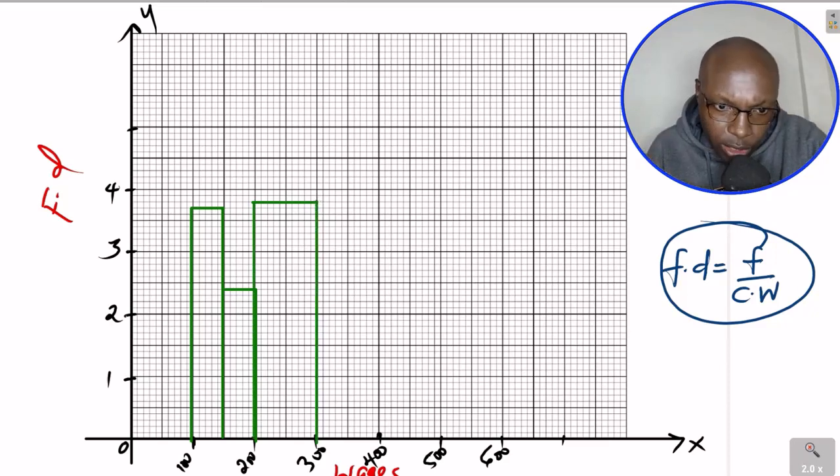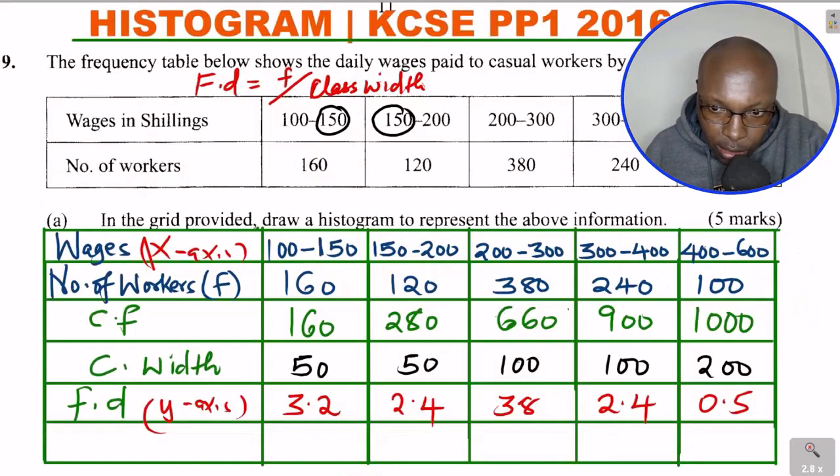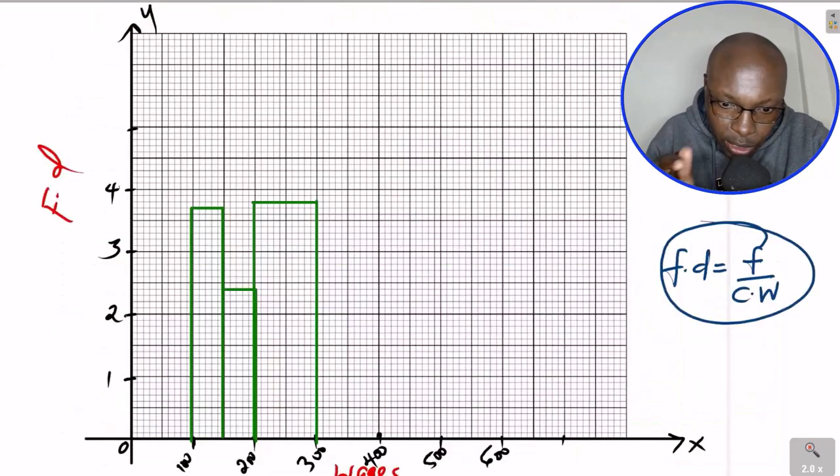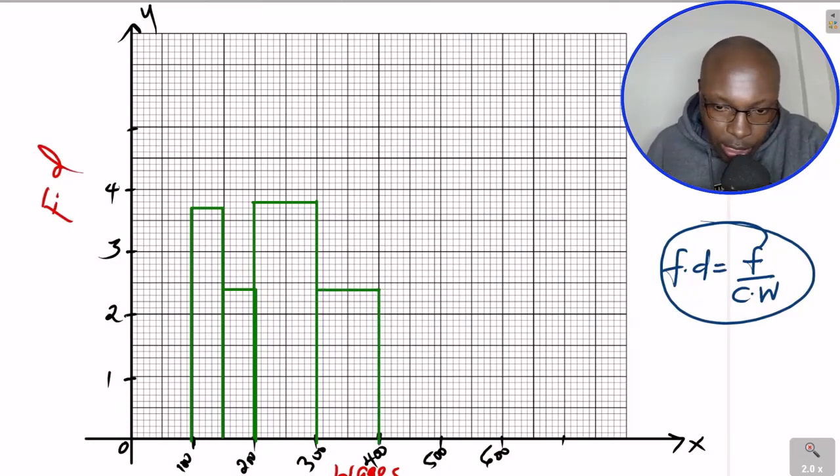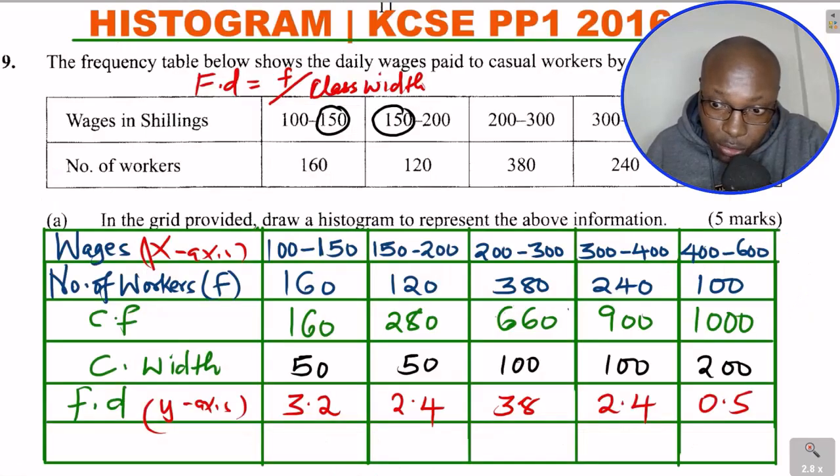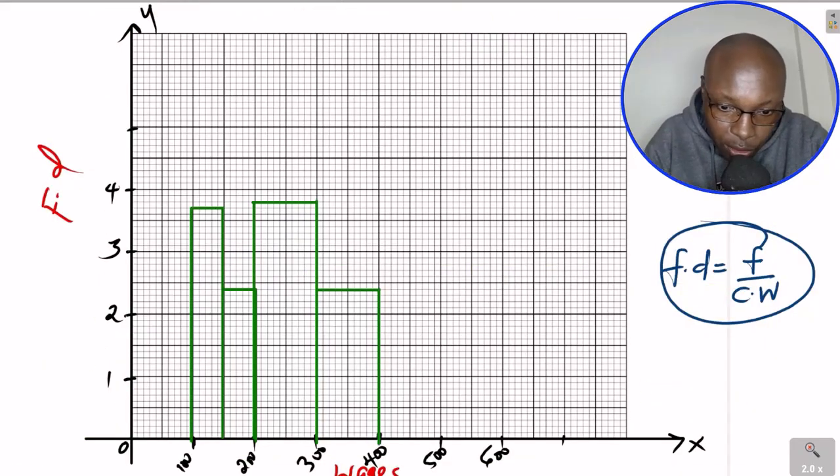So that is 3.8. The other class is 300 to 400, 2.4. 2.4 is there. Then you drop that. And then lastly 400 to 600, 0.5. 0.5 is there.